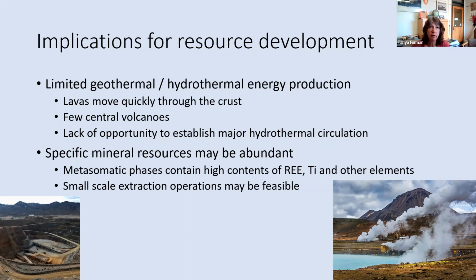As we move towards lithium batteries and rare earth element extraction and the need for titanium in metal production, there is a good likelihood that there are places where small scale mining operations could be really productive. That raises the obvious environmental issues of whether one wants to do that. But because these elements are weird and they exist in lavas whose geochemistry is weird, their abundance and their productivity might just be very important.